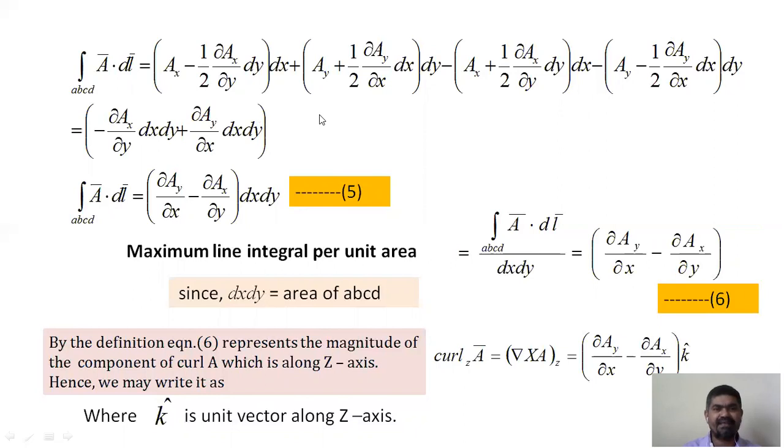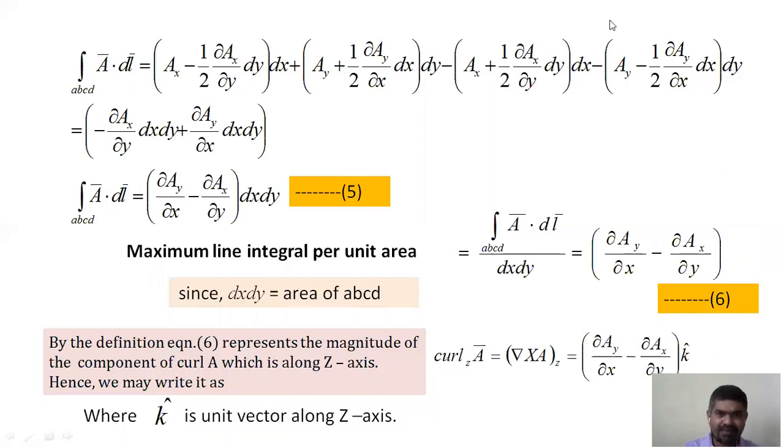That is AX minus 1 by 2 into dou AX by dou y into dy into dx. This is on side AB. AY plus 1 by 2 into dou AY by dou x into dx into dy. This is on side BC. Minus, we have already discussed why this minus sign arises here. This is opposite to the AX direction. Therefore, minus AX plus 1 by 2 into dou AX by dou y into dy, multiplied with the length dx. Next, again, minus AY minus 1 by 2 into dou AY by dou x into dx into dy.